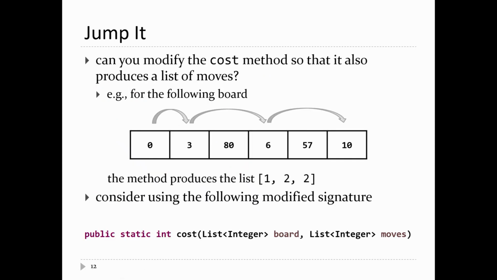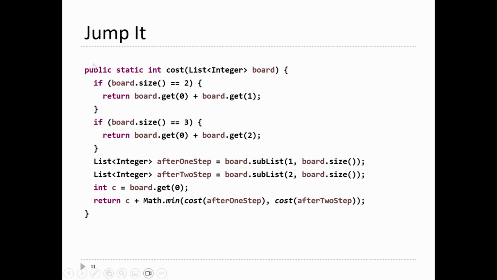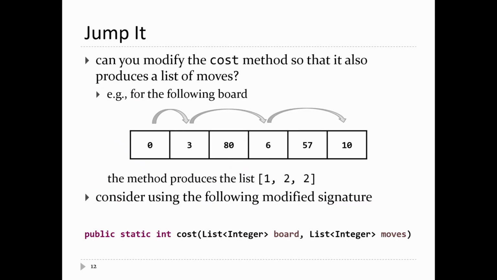Okay, so if you've got lots of free time on your hands and you want to practice recursion, look at this method here. It tells you what the lowest cost is to solve a board. It doesn't tell you what the sequence of moves is to solve the board. If you want to know the sequence of moves, that's a little bit harder. So for example, to solve this board, I'd take one step, then two steps, then two steps.